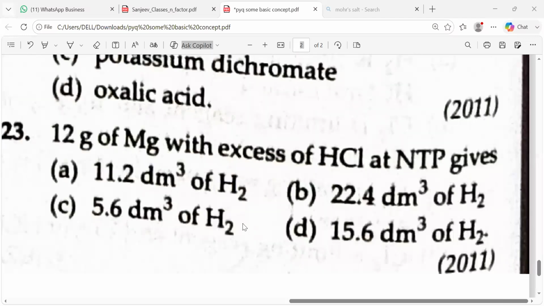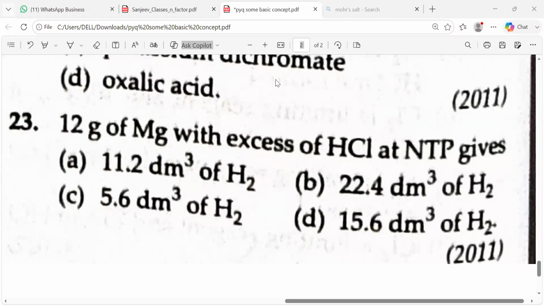Yeah, the 23rd question. I think the last question of this particular PDF. Yeah, do the 23rd one.